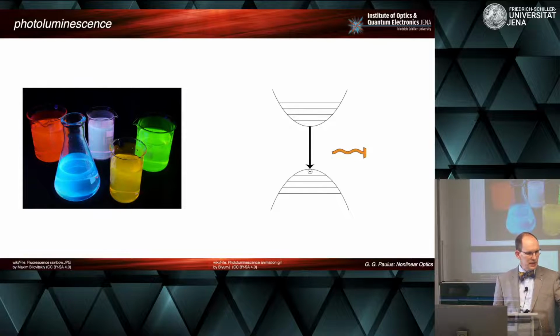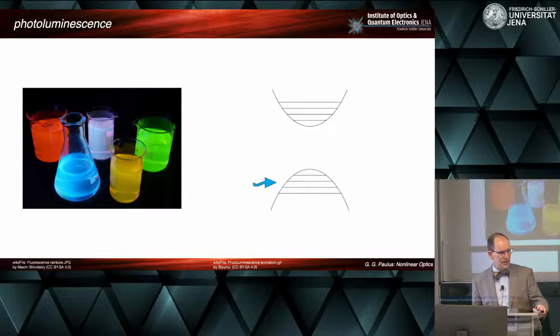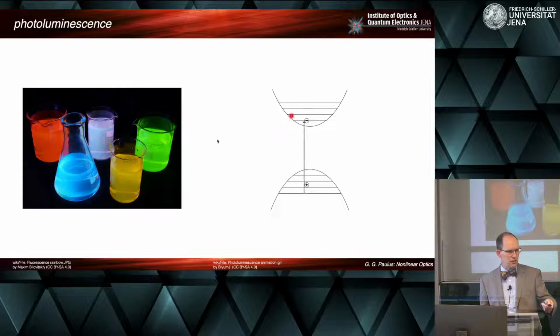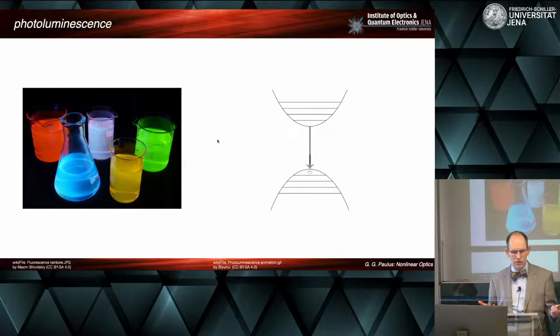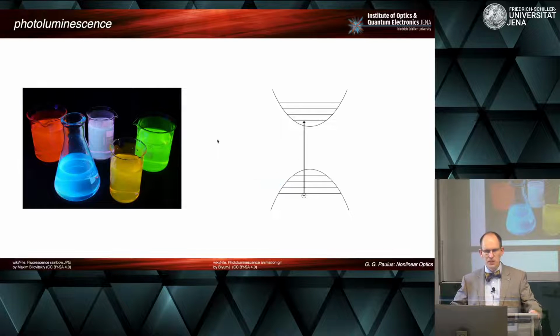The electron that is transferred into, say, a high-lying vibrational state quickly decays to the lowest point here, and the same thing happens for the hole, and then it may recombine if you have a direct transition as shown here. The details are not interesting. You see that this is clearly different from what we discussed when we were talking about parametric processes.